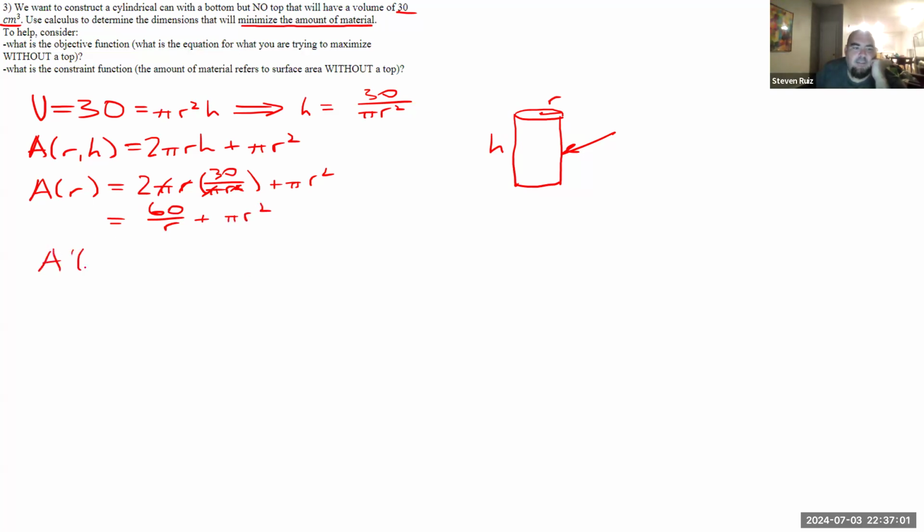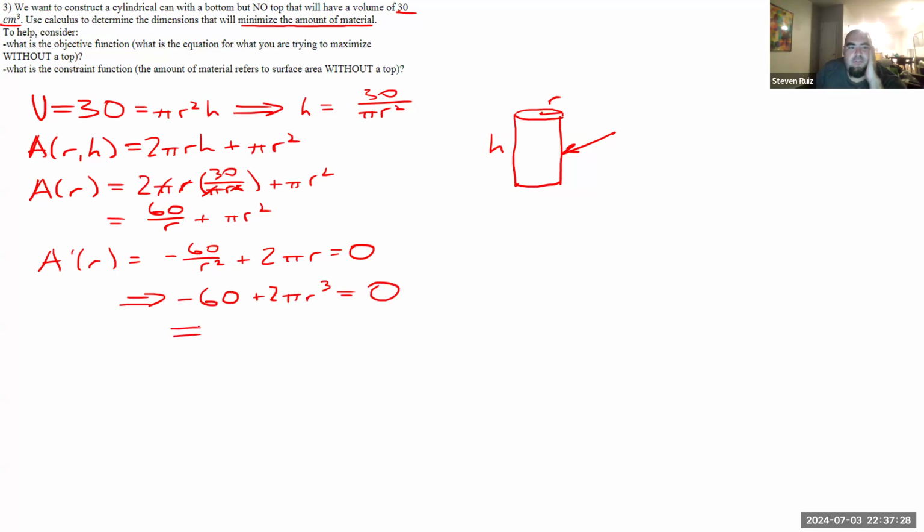And now I can take a derivative. So this comes out to be negative 60 over r squared plus 2 pi r equals 0. Figure out the fractions. I'm going to multiply the whole equation by r squared. So that gives me negative 60 plus 2 pi r cubed equals 0. 2 pi r cubed equals 60.